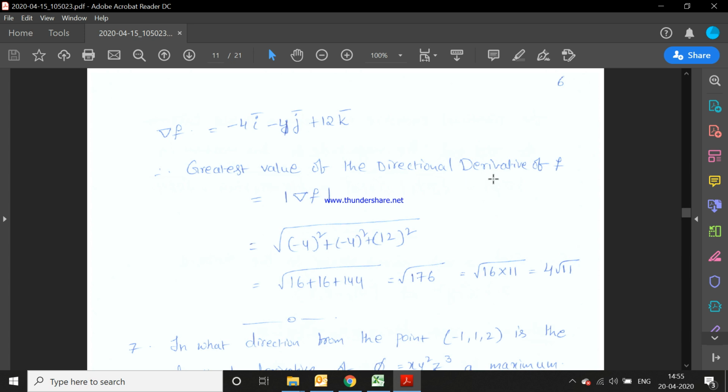So the greatest value of the directional derivative of f is the modulus of del f, or length of del f, that is the square root of x² + y² + z².